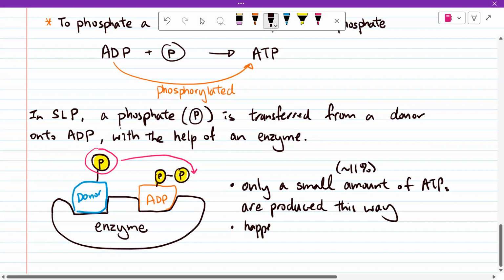It happens in step 1 and 3. If you don't remember what the names of step 1 and 3 are, that's okay. We'll worry about that later. But you know, the first 3 steps, right? It only happens in 1 and 3. And it's only a small amount of ATP that uses this method.